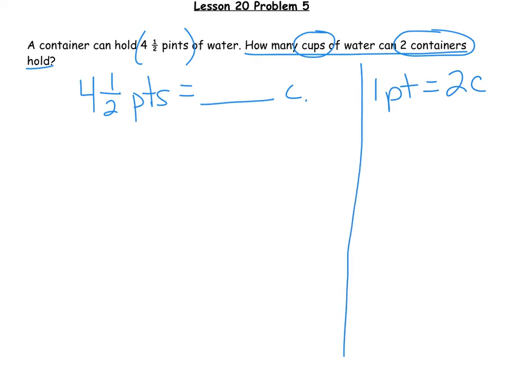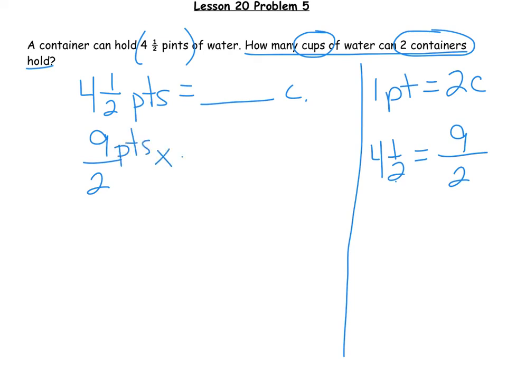So let's convert our 4 1/2 to an improper fraction. Yikes. 4 times 2, because that's my whole number times my denominator is 8, plus my numerator, which is 9. 9 halves. So I have 9 halves, and these are pints, times, well, I know I need to put pints in the denominator and cups in the numerator.